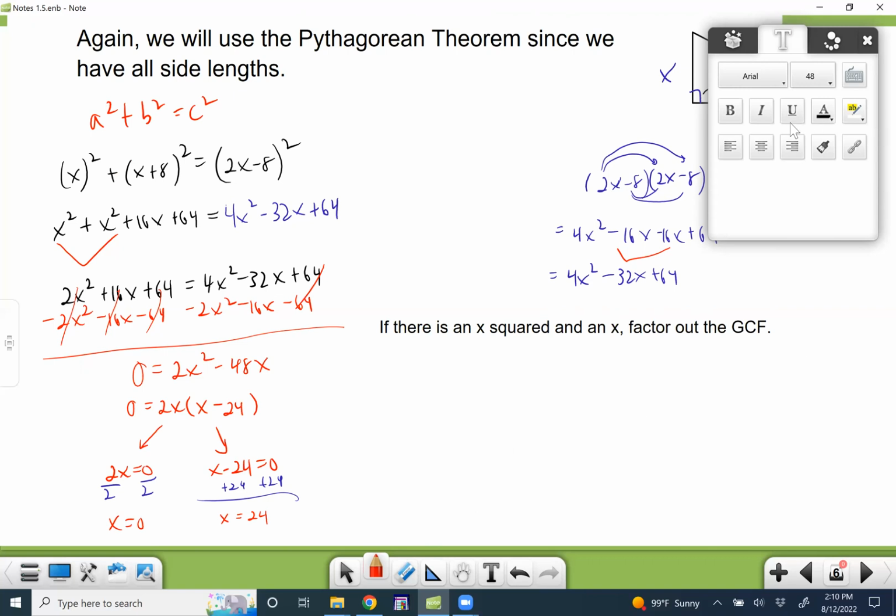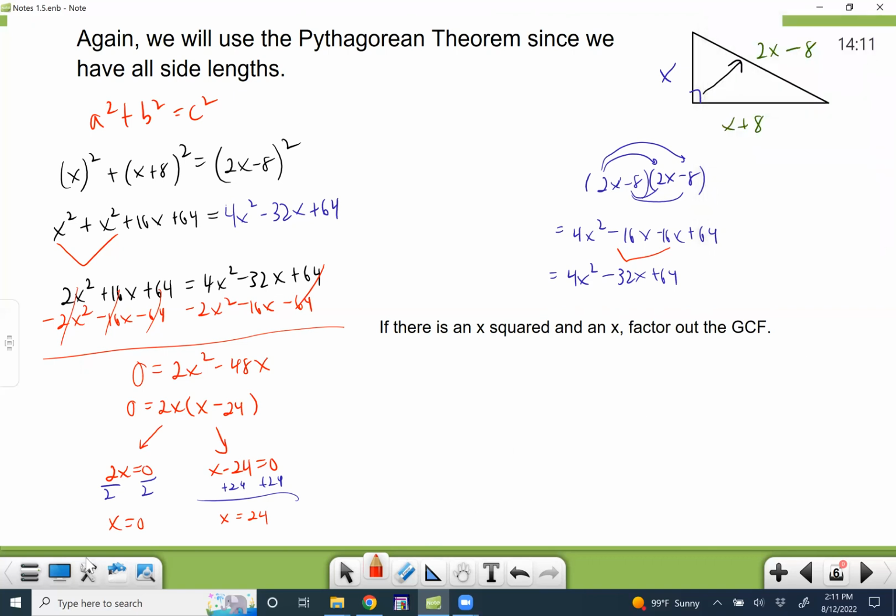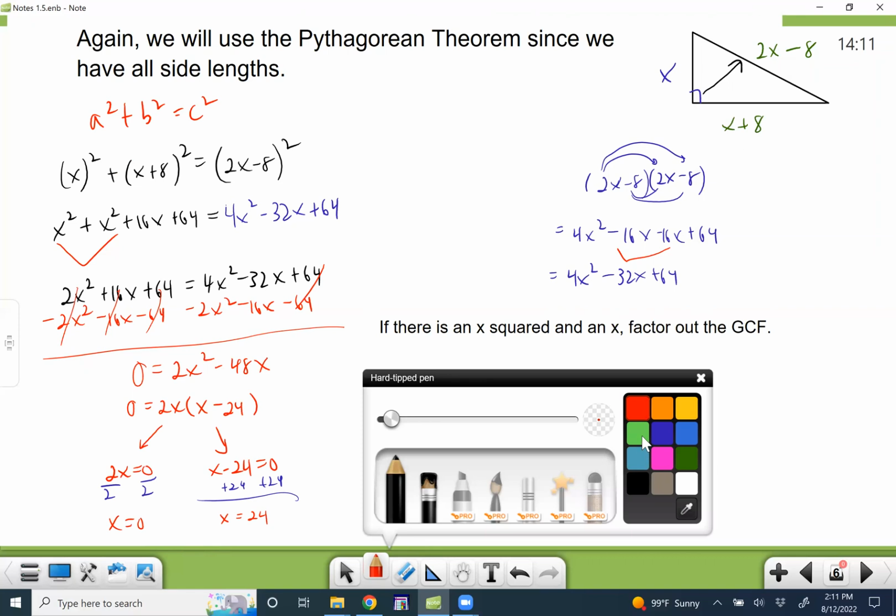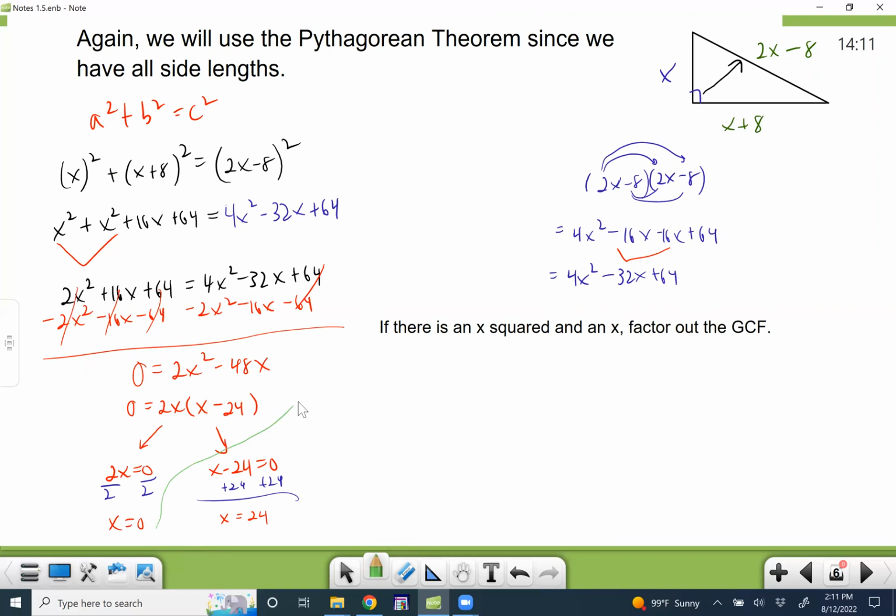All right, now, one of these is bogus. I mean, if you look at this x equals 0, right? There is no way that x could be 0, because then we wouldn't even have a triangle. It's like, yeah, it's 0 tall, you know? So this one's out. So it looks like x equals 24. So if x equals 24, then the x plus 8 will be 24 plus 8, so 32.